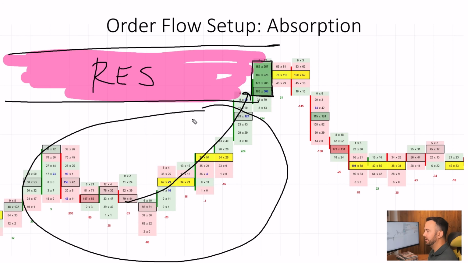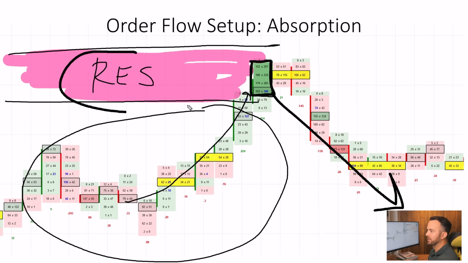The volumes in here are nowhere close to the volumes in this absorption high volume area. This is telling you that sellers are absorbing buying pressure. Eventually the buyers run out of fuel, sellers take over, and it is a signal for you to go short from there. It is a signal that this resistance is going to work.